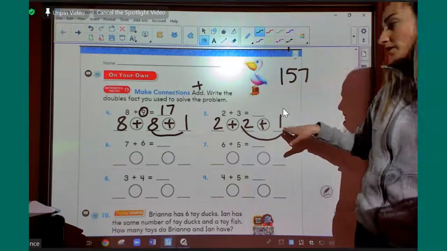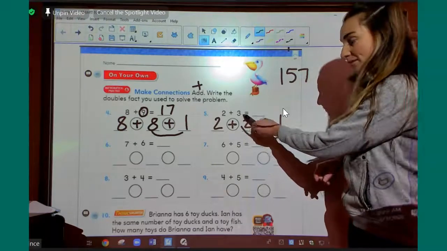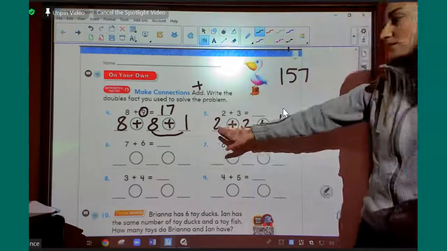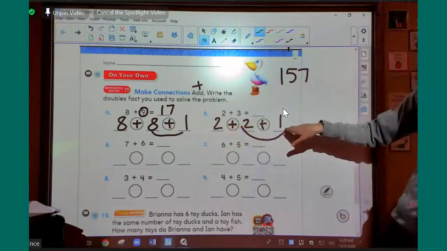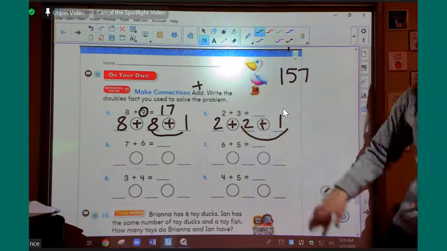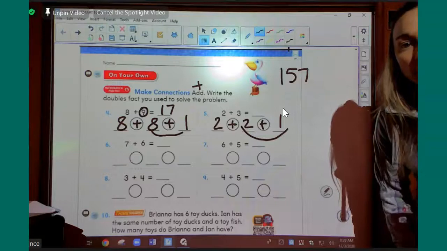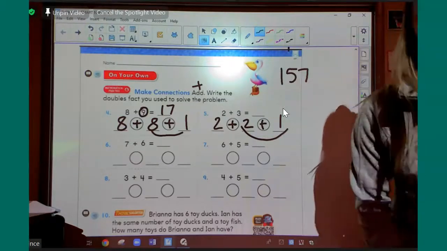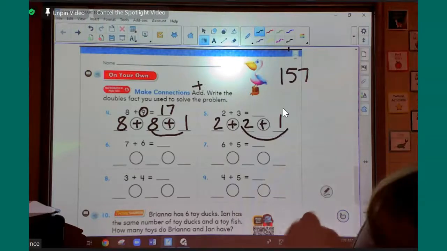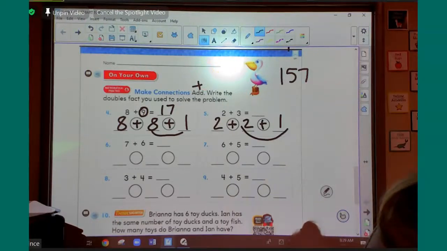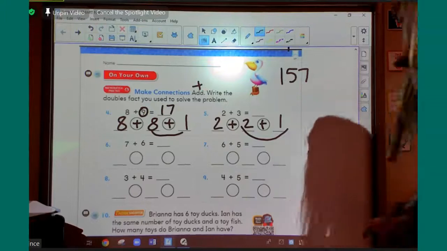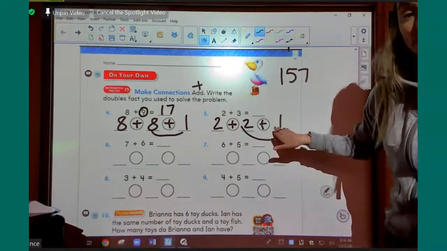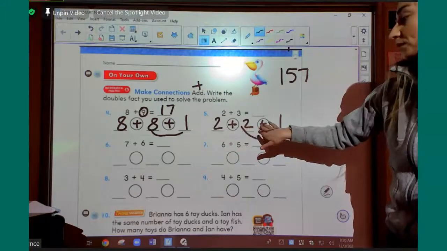So 2 plus 1 is 3, and that's why they have a 3 here. So now we need to add 2 plus 2 plus 1. And what do we get for a total, Aaron? It's 1. 1, nice job. Oh, you have your 1. 2 plus 2 plus 1.